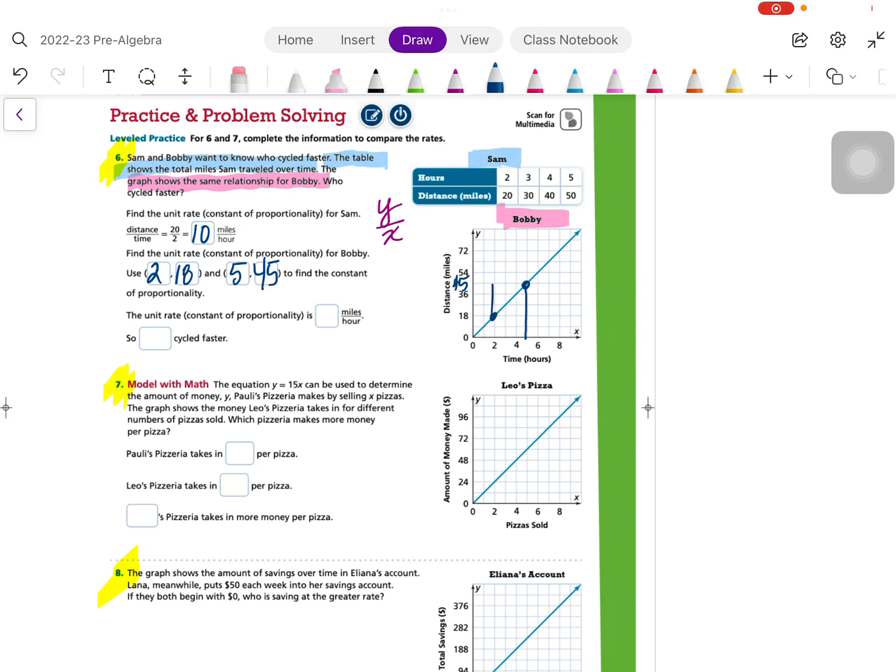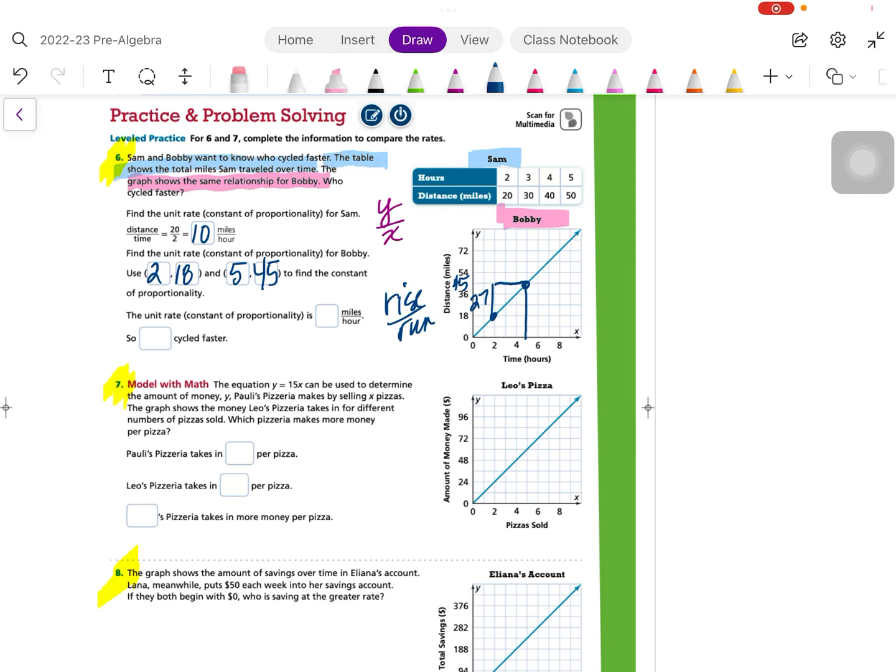So remember here we're doing rise over run. We talked about that yesterday for a graph. It's rise over run. So from 18 to 45, 1, 2, 3 times 9, I think that would be 27, okay? So you can use a calculator, 45 minus 18 should be 27 because each one of those little boxes equals 9.